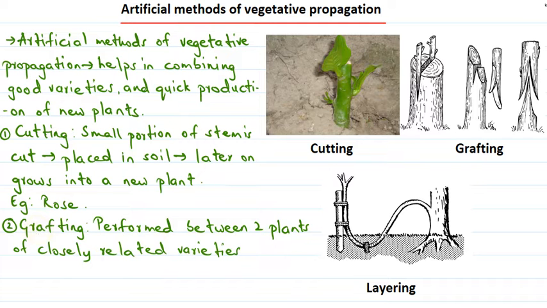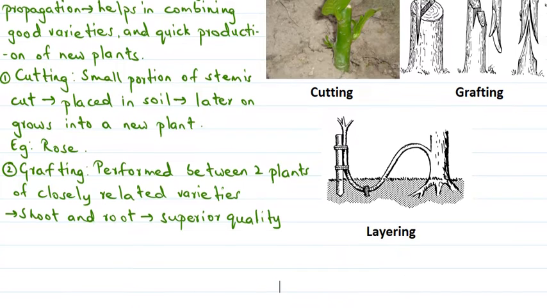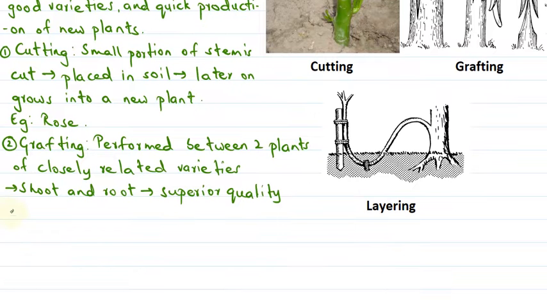The shoot and root of the plants that are of superior quality are taken for grafting.